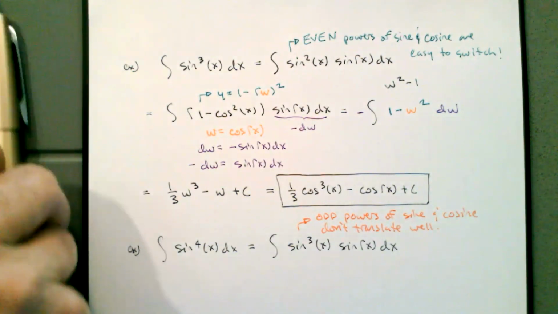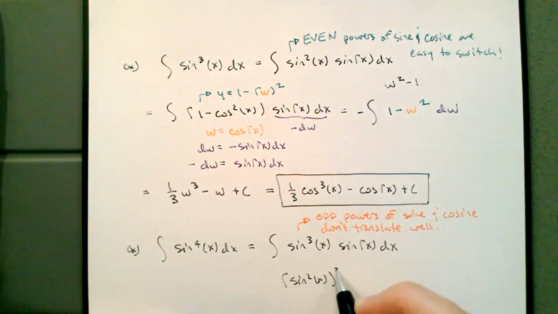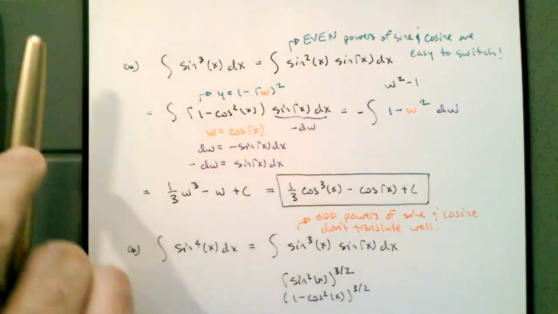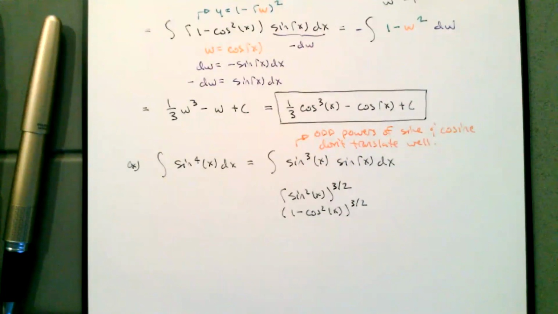I would have to write this sine cubed x as sine squared x all to the 3/2 power. And then this would become 1 minus cosine squared x to the 3/2 power, which is fine. But now we have to integrate 1 minus w squared to the 3/2 power, and we don't have machinery for that.